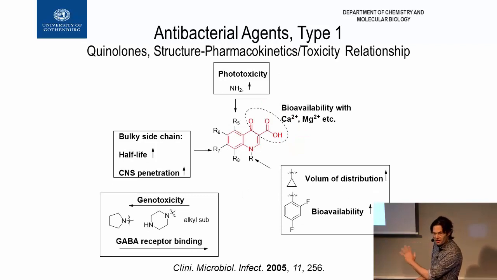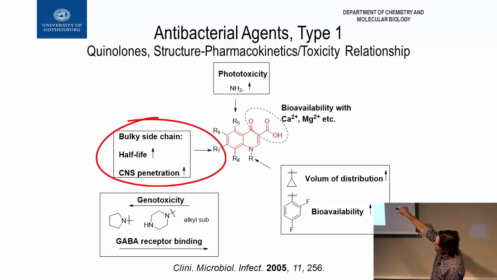Now, on the previous slide, I showed you some structure-activity relationship, but then I also said on the introduction slide that if the drug is going to work, it has to have other good properties: circulate, distribution, metabolism. And a critical thing when we develop a drug is that we have to make sure it doesn't do bad things for us. If you take this drug and look, for instance, at position 7 now, if I have what is called bulky, it just means something that branches out, that takes a lot of space.